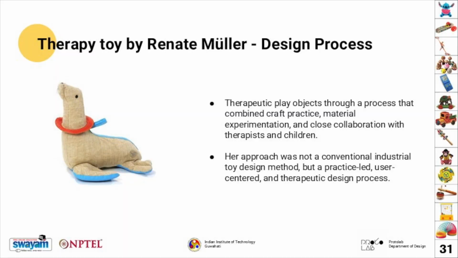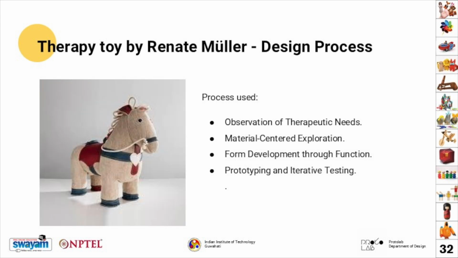Here, the design process she used includes observation of therapeutic needs, material-centered exploration, form development through function, prototyping and iterative testing, durability-focused refinement, and emotional and sensory integration. Let us understand the process in detail. First, observation of therapeutic needs.